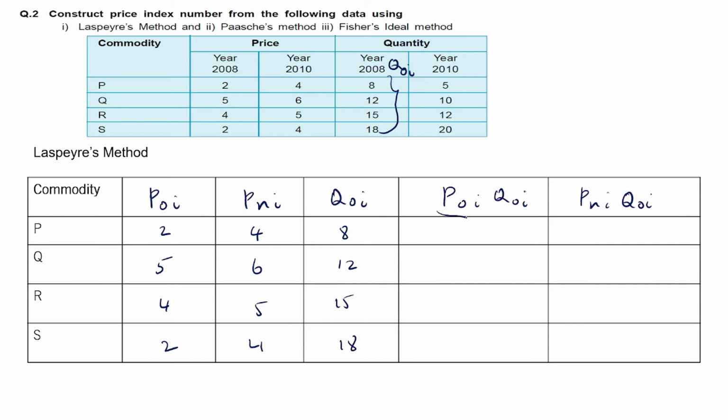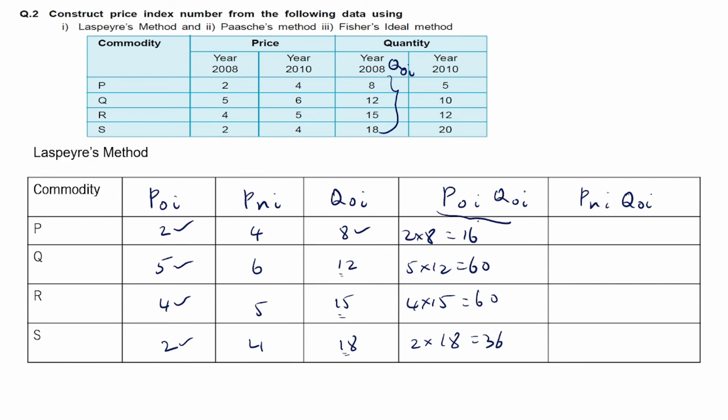So first let us find P naught I Q naught I, that is we have to multiply each of these. So 2 into 8, 16, then 5 into 12, 60, then 4 into 15, 60, then 2 into 18, 36.